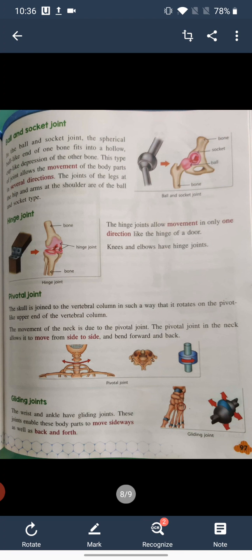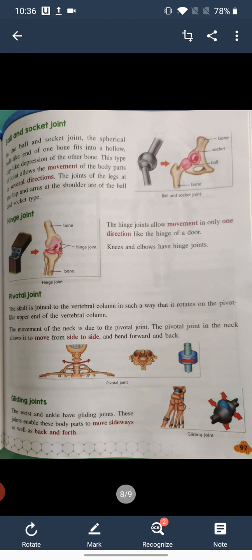And second, we have studied movable joints, which are again of two types: freely movable joints and partially movable joints. In freely movable joints, the joints can move freely, whereas partially movable joints allow slight movement and flexibility. These joints provide support, and they are present in the backbone.